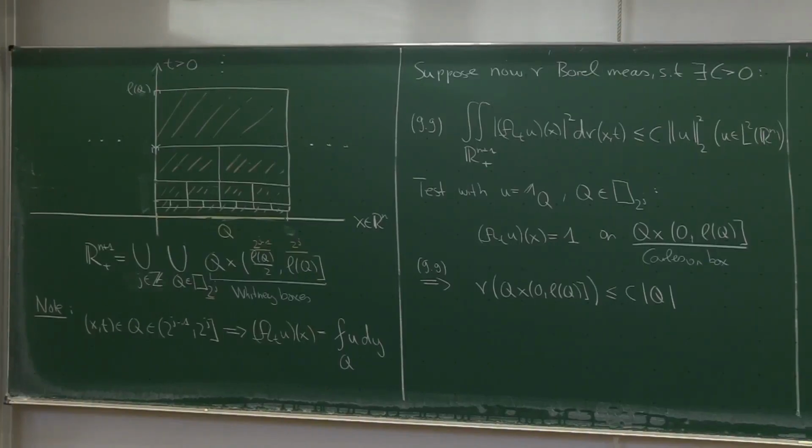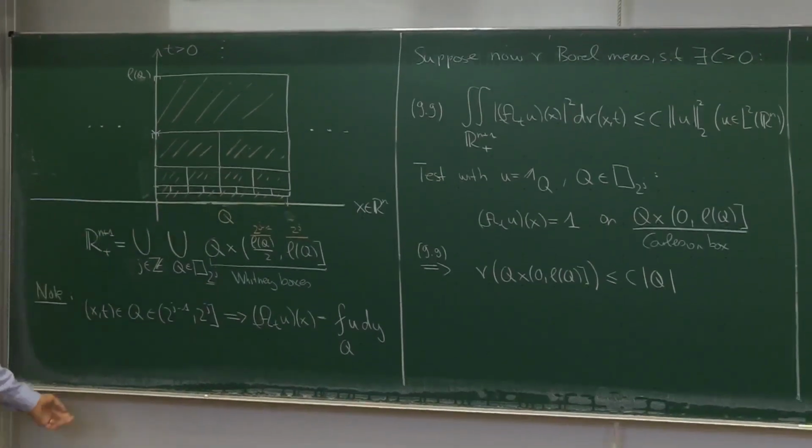And so that's a condition that a measure can satisfy, but doesn't have to satisfy. But this is necessary for 9.9 to hold.